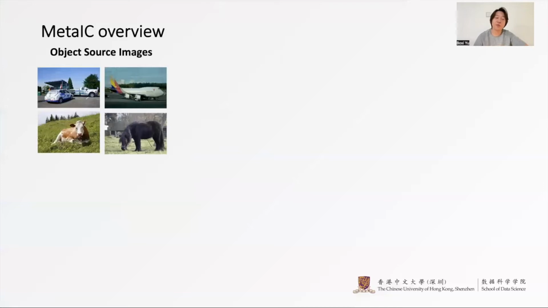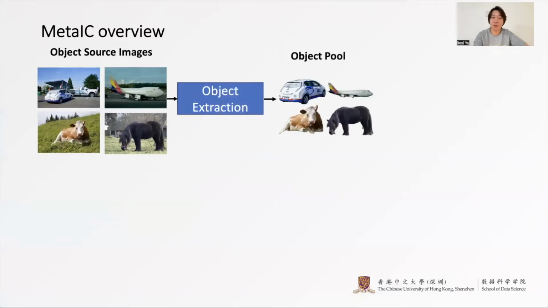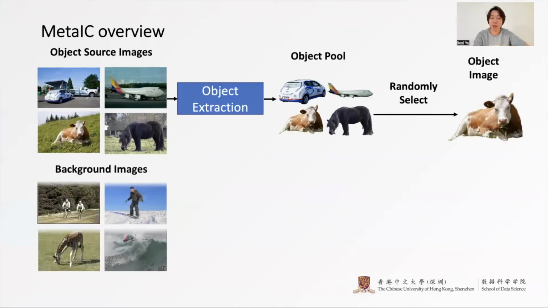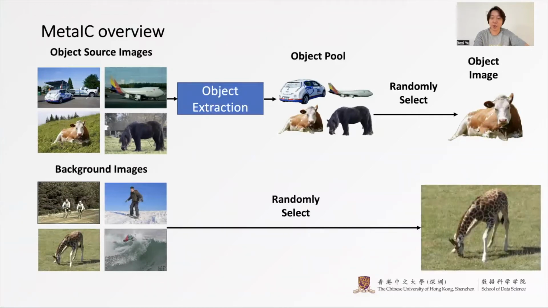This is the overview framework of MetIC. Firstly, we have the object source images. Then we use the object extraction model to extract the objects from the source images, and then we construct the object pool. We randomly select the object images from the object pool. At the same time, we randomly select the background images.